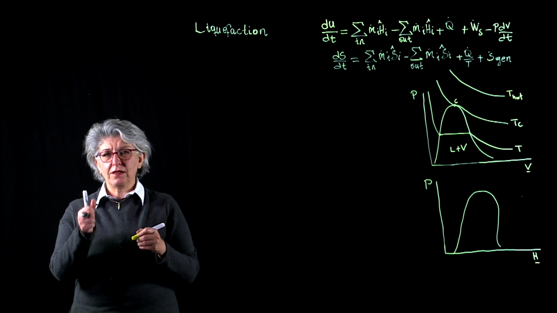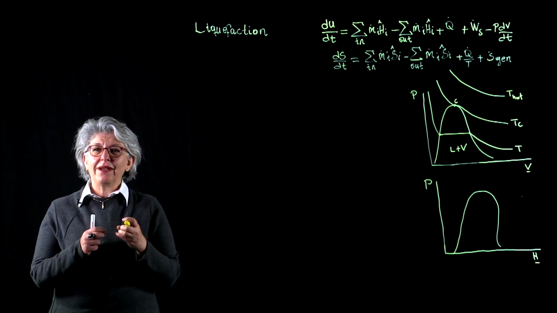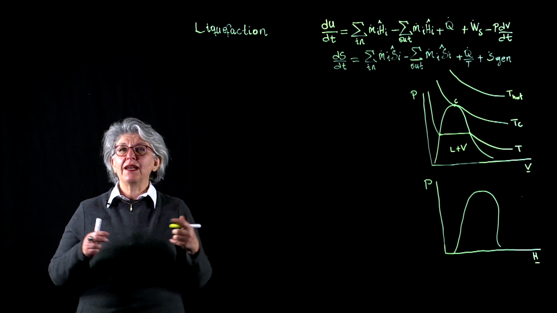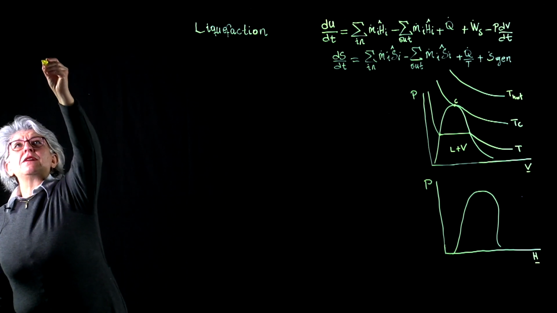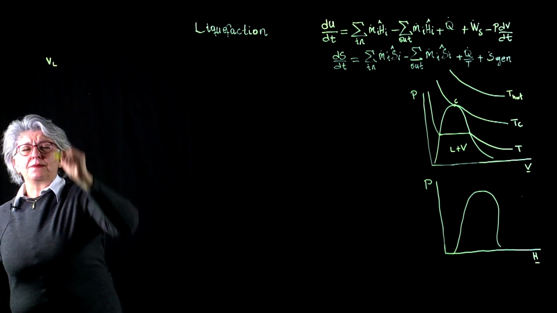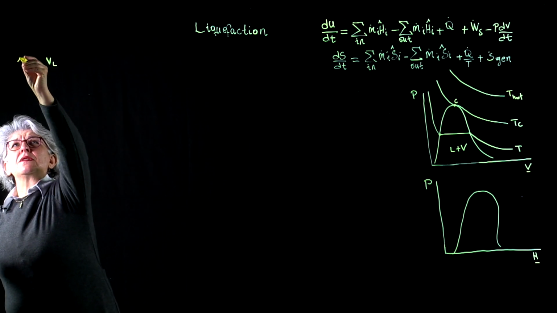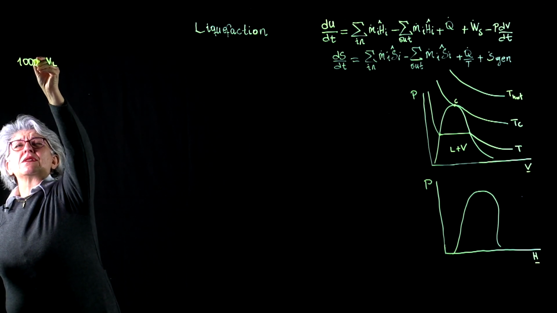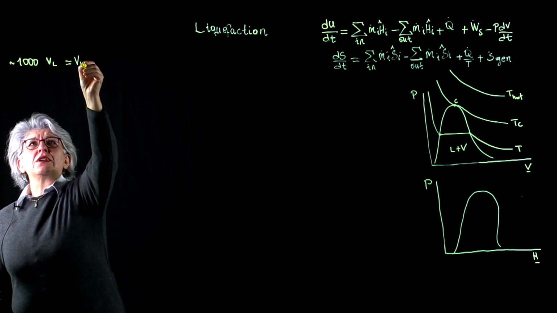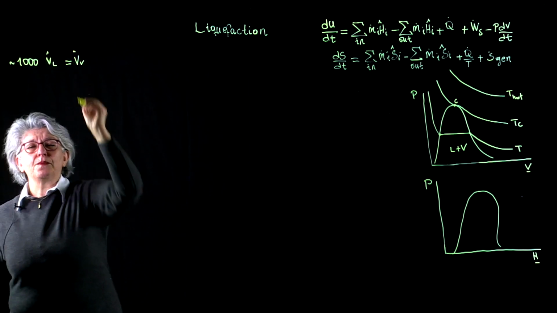It is not 100% quantitative, but remembering this is going to help you when you are analyzing systems that involve liquids and vapors and gases. Now, the volume taken by a liquid is approximately 1,000 times smaller than its corresponding vapor volume. And of course, this is the specific volume.